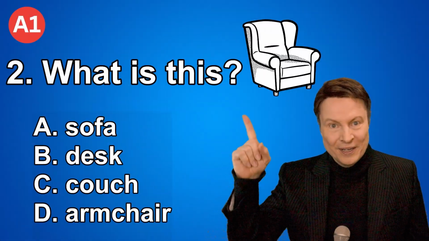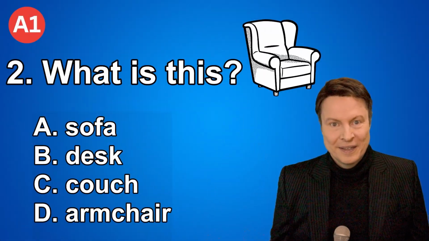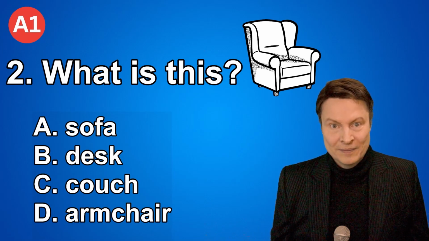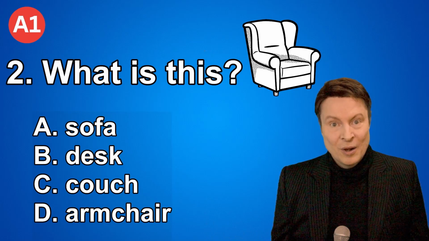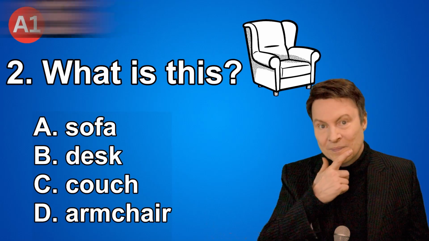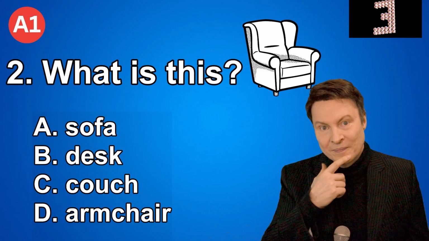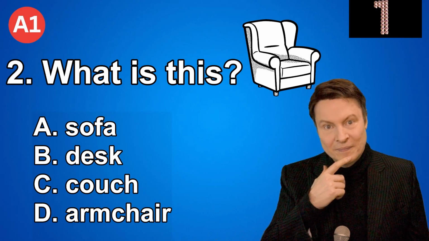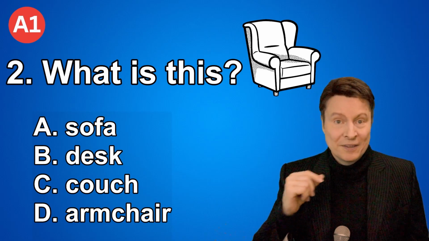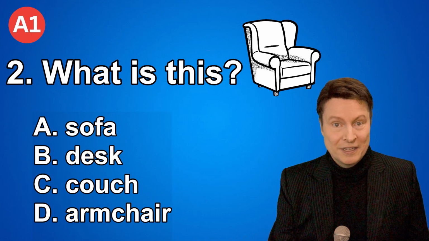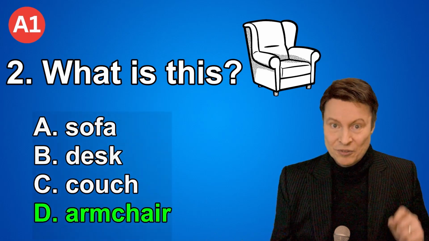Number 2, what is this? A. Sofa. B. Desk. C. Couch. D. Armchair. And if you thought that it was letter D, armchair, that is correct.